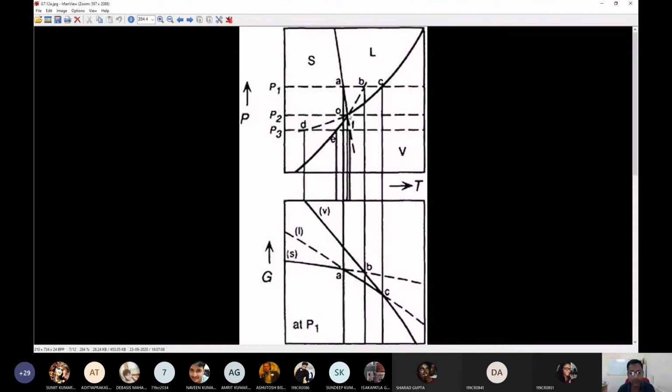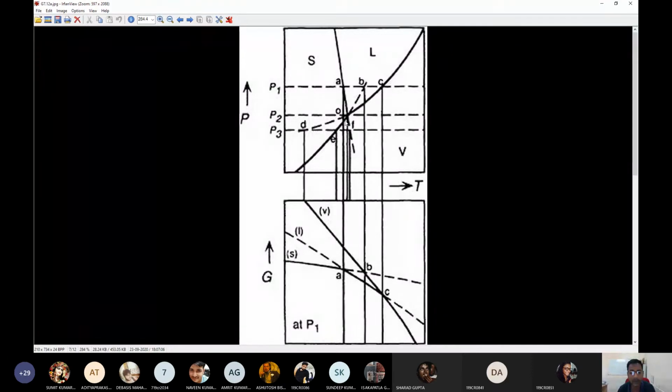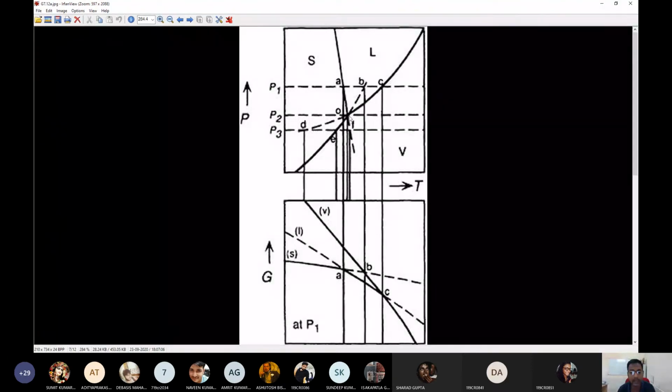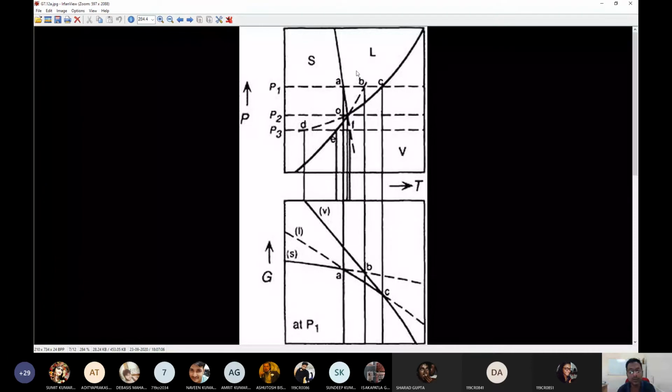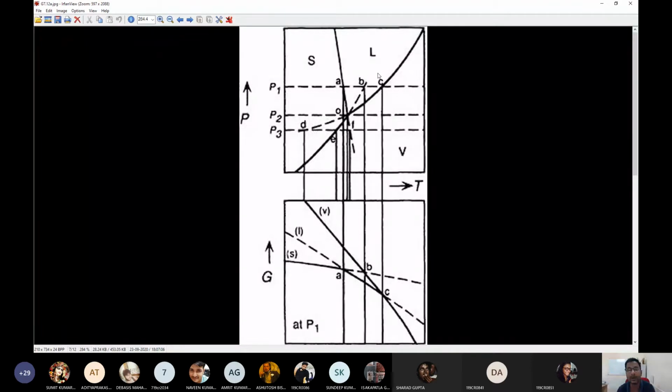It comes to this point, the triple point, where all three phases are in equilibrium. But then when this two-phase equilibrium line is extended into the primary phase field of the liquid phase, that's what we call the metastable equilibrium between solid and vapor in the primary phase field of liquid.